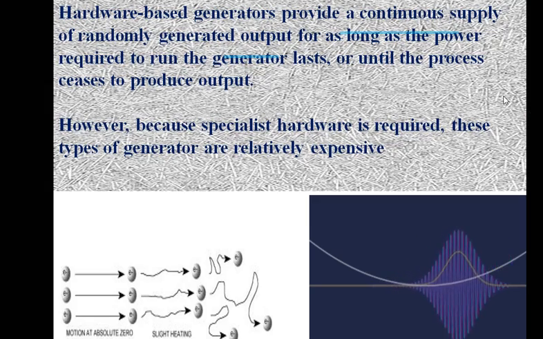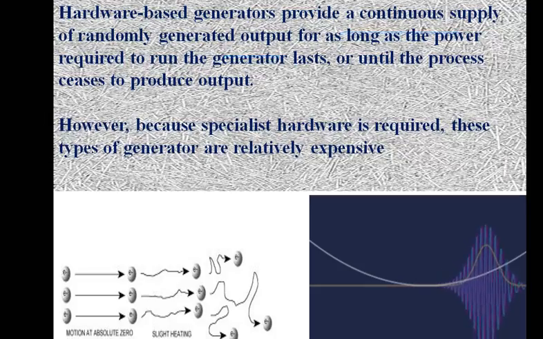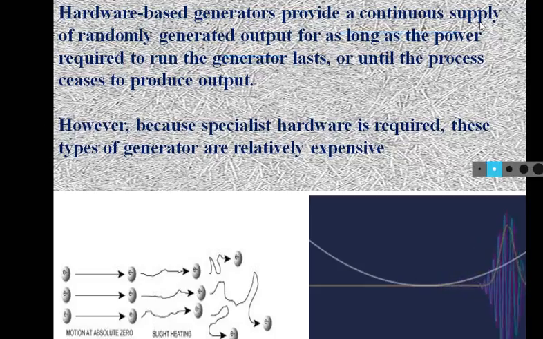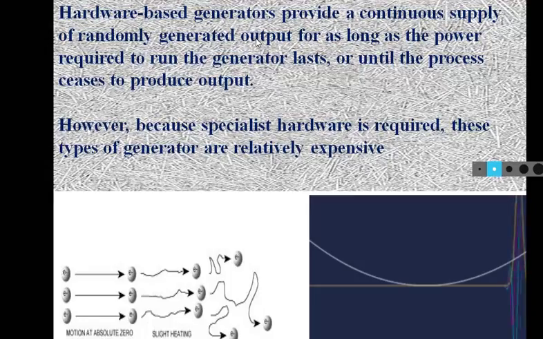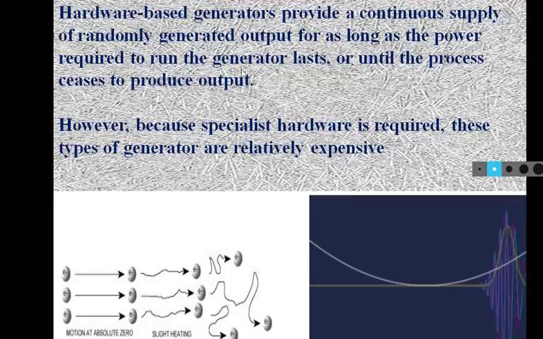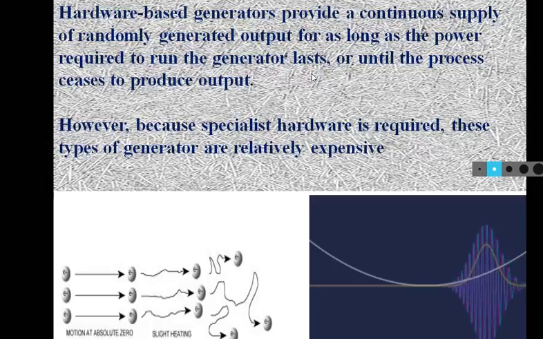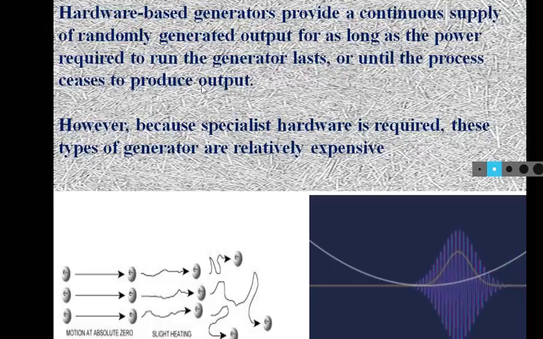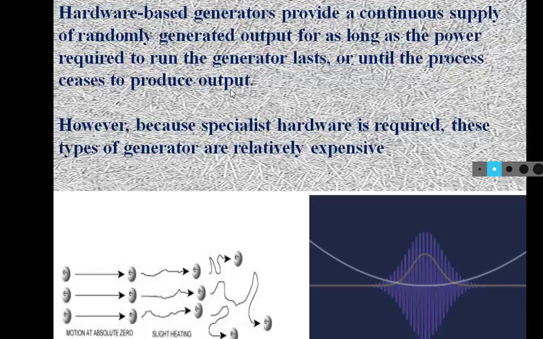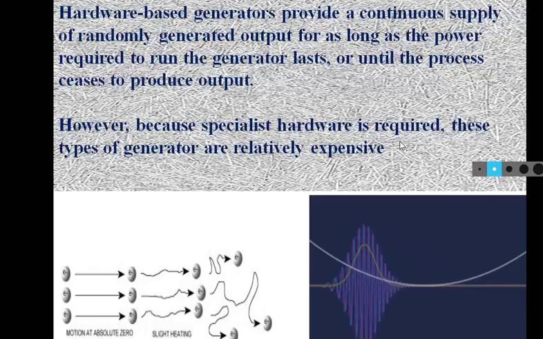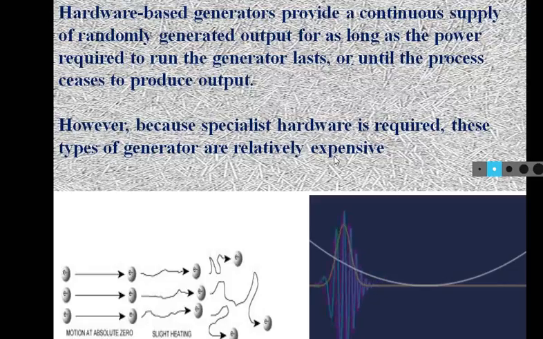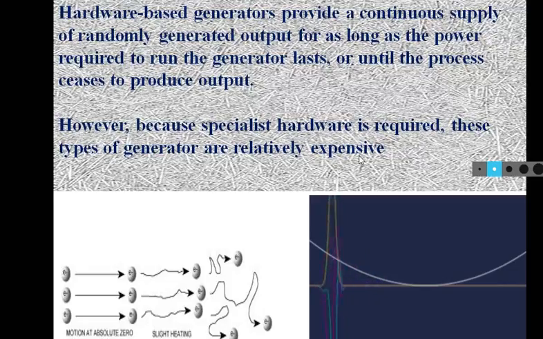And hardware based generators provide a continuous supply of randomly generated output for as long as the power required to run the generator lasts or until the process ceases to produce the output. Because specialist hardware is required, these types of generator are relatively expensive.